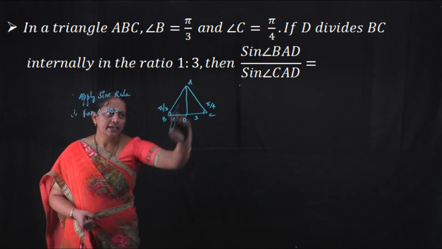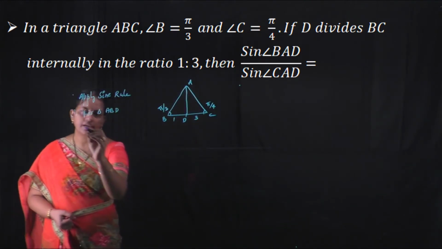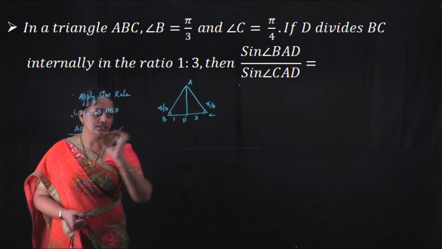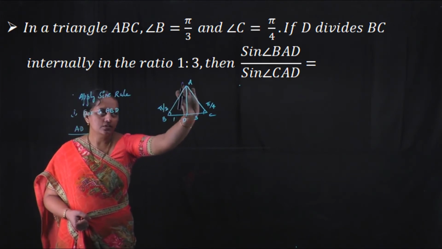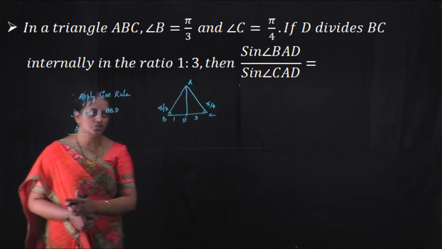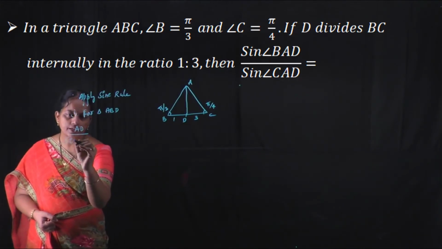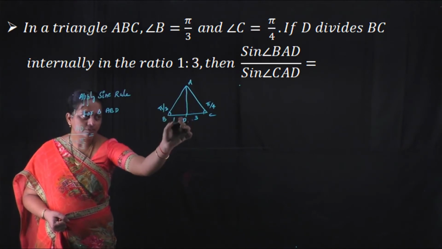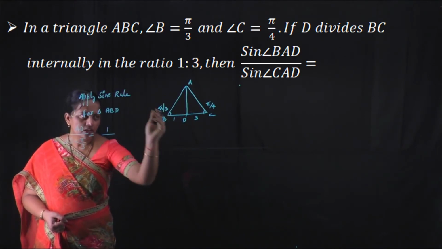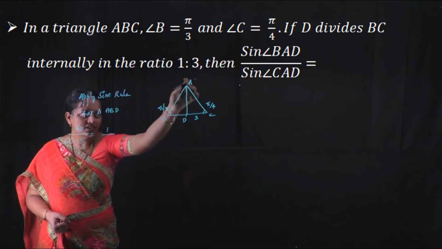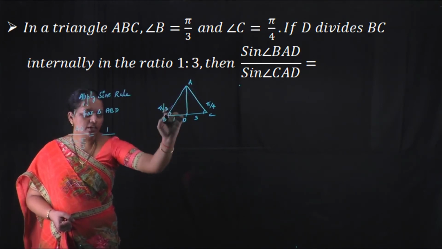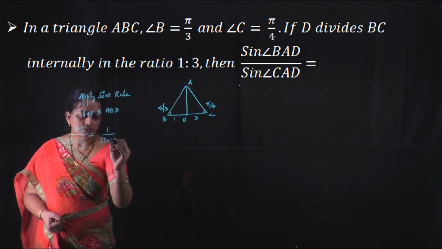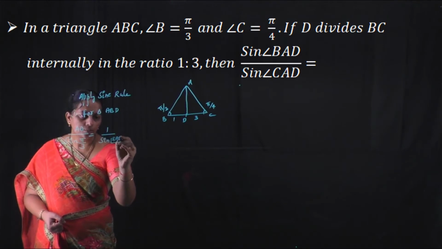Here we take side AD by sine of its opposite angle, which is pi by 3, that is 60. So AD by sine 60 is equal to the side BD, that is 1, by the sine of the angle opposite to this side, angle A, also denoted as angle BAD. So we write sine of angle BAD.